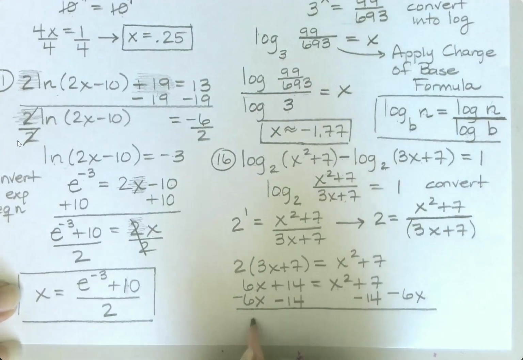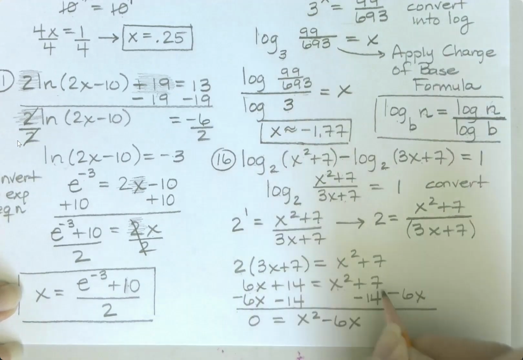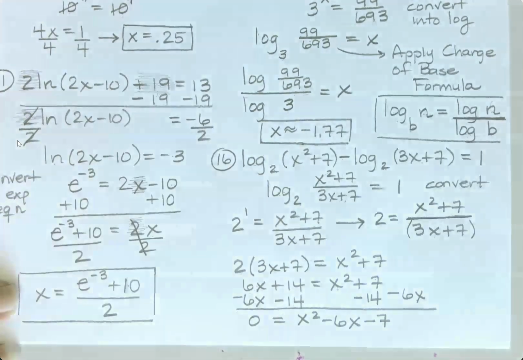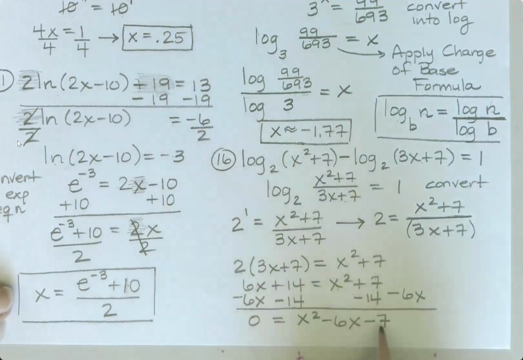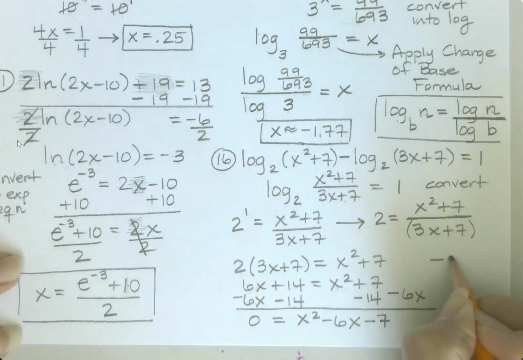So this becomes 0, this becomes 0, which is the goal, equals x squared. I'm going to put this term first, minus 6x. 7 minus 14 is negative 7. So now I have to ask myself, what two numbers multiply to be negative 7 that at the same time add to be negative 6? For those of you that need the visual, what times what is negative 7?